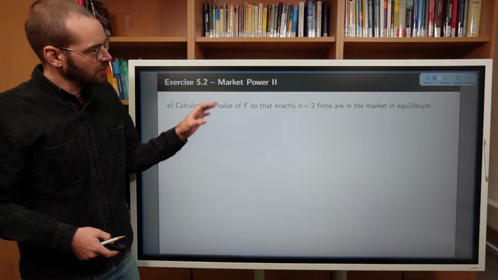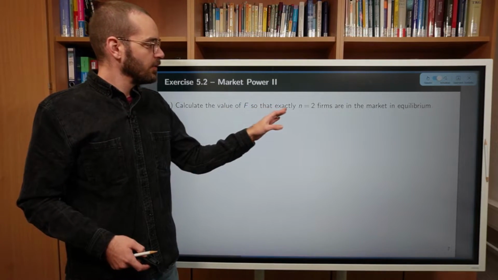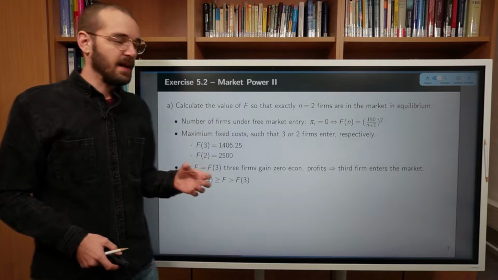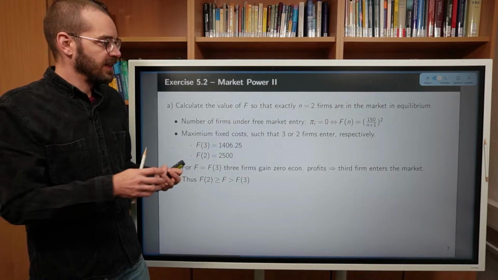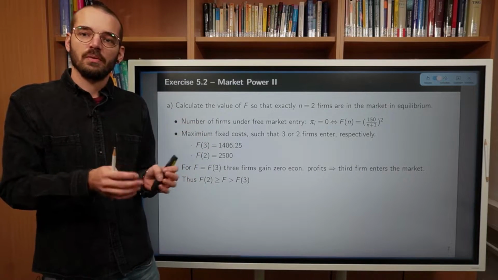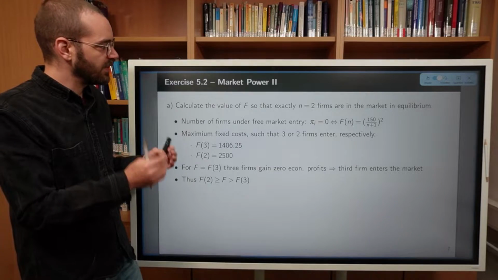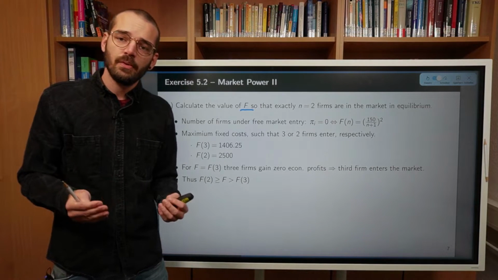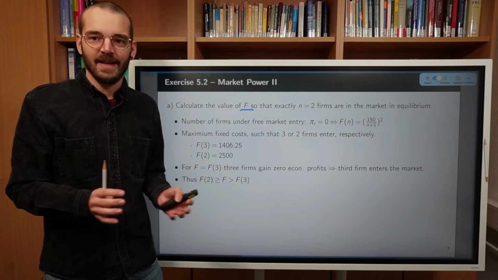Let's first conceptually think about what needs to be true for n equal 2 to be the market equilibrium. We want to find the level of fixed costs so that the profit of each firm in the market is equal to 0, at least in the first place.